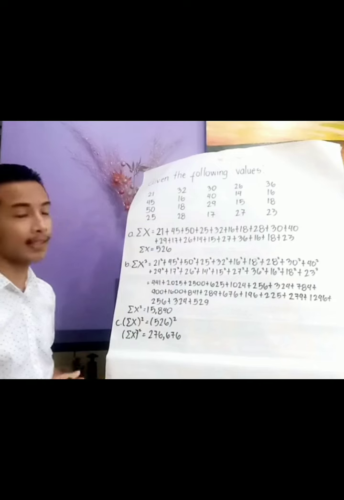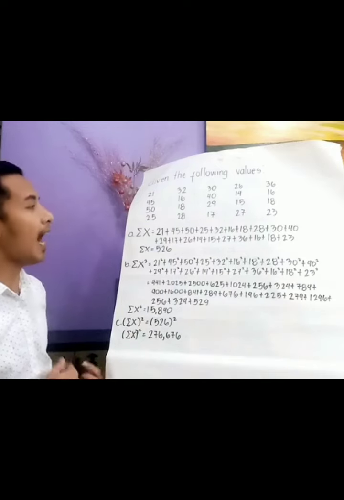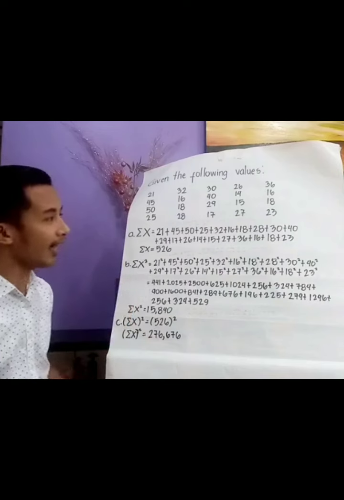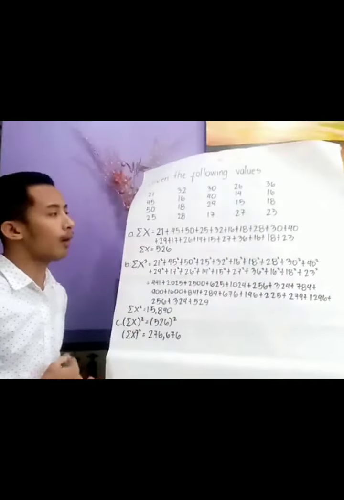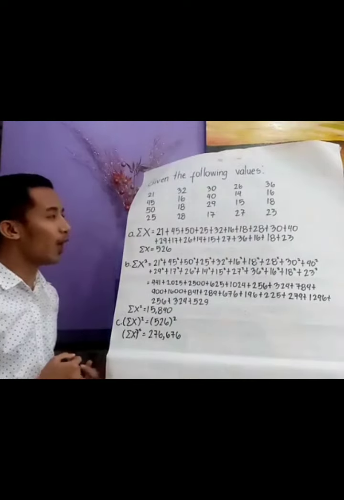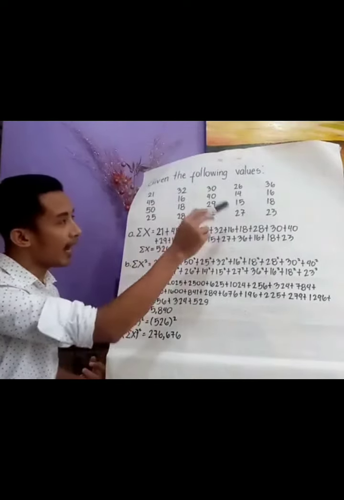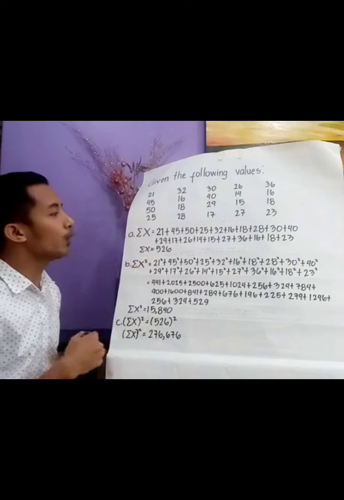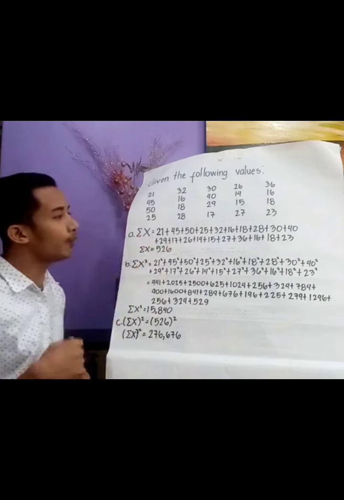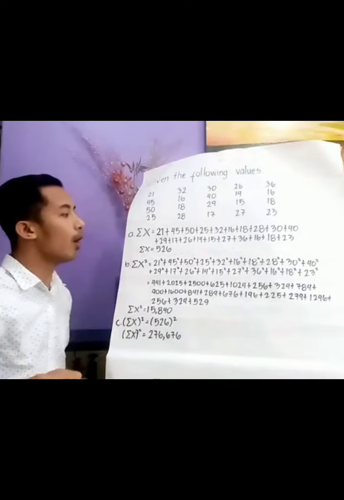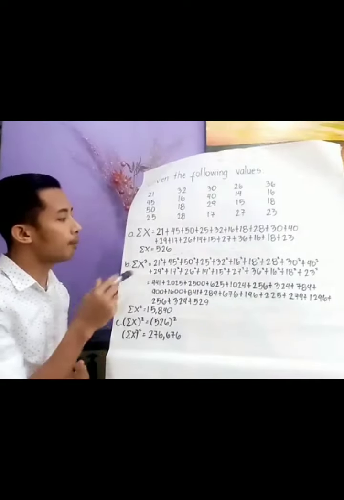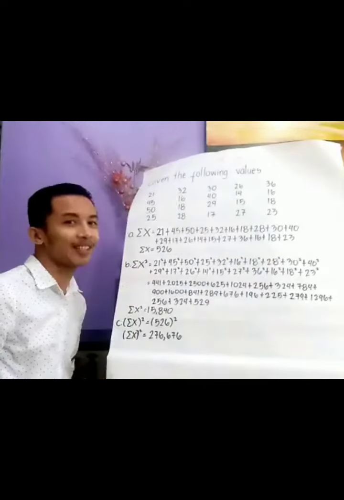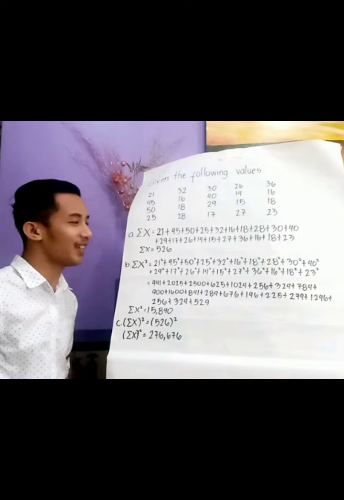Summation of X is the value which is a result of adding all the elements of X in one column table. So, ato na siyang ipang-add tanan to get the summation of X. So, we have 21, 45, 50, 25, and so on. So, we have 526 as the summation of X. So, ana na siya kasayon.